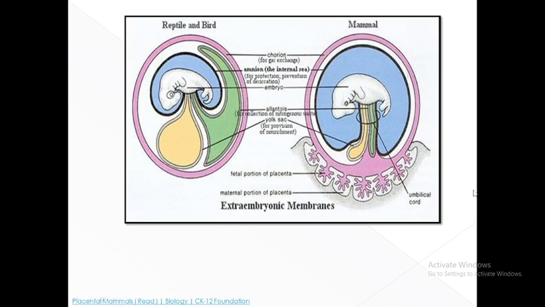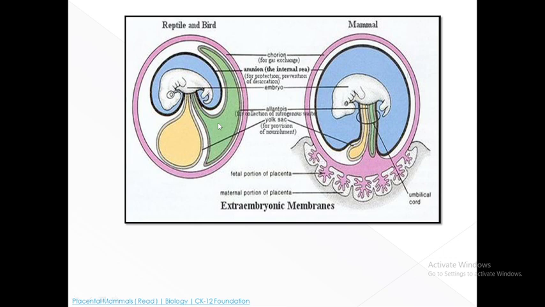So this is in general the diagrammatic representation of the placenta which is observed in mammals, as compared to the structure in reptiles and birds. If we consider the extra embryonic membranes, that is the layers surrounding the embryo in order to protect it, there are four different types of membranes.